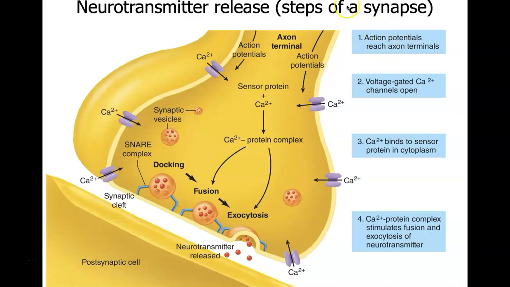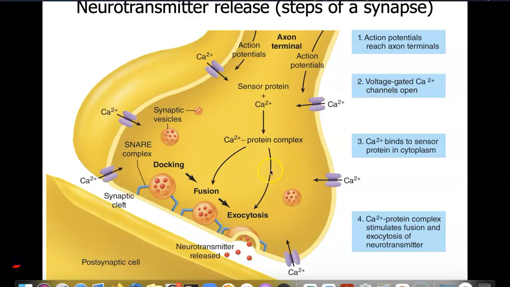So an action potential comes down this axon. It reaches the axon terminals. And at the axon terminals, the voltage-gated calcium channels are open. So now we have a new ion we're thinking about in terms of membrane potential. Voltage-gated calcium channels open, and when they do, calcium rushes into your cell. Now remember, calcium is positive. Incoming calcium is going to raise the membrane potential of this area, but more importantly, it's going to cause this docking mechanism to take place and neurotransmitter exocytosis.